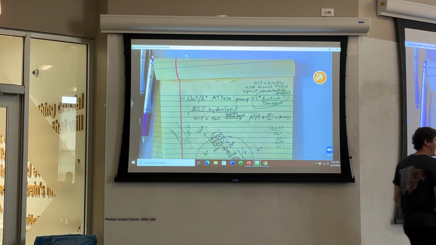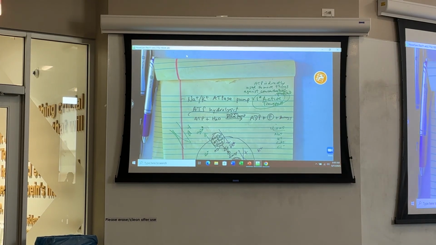All right, so then how does primary active transport differ from secondary active transport? Okay, secondary takes advantage of the energy used in primary active transport. So typically we use sodium in a co-transporter.